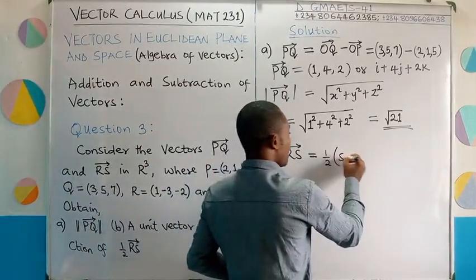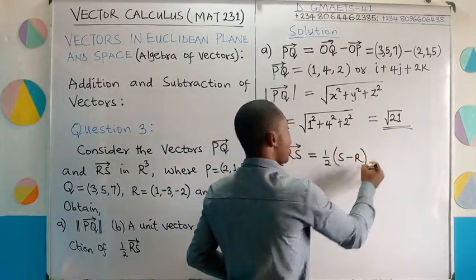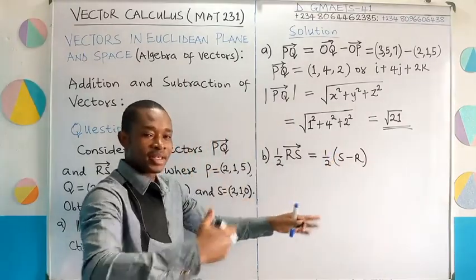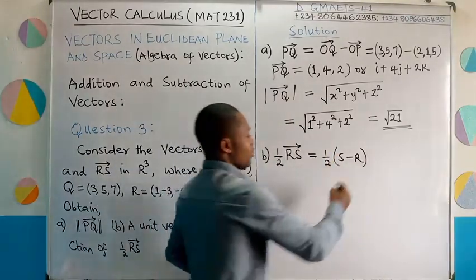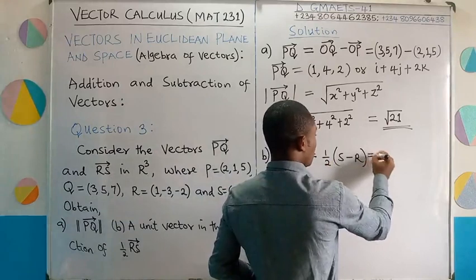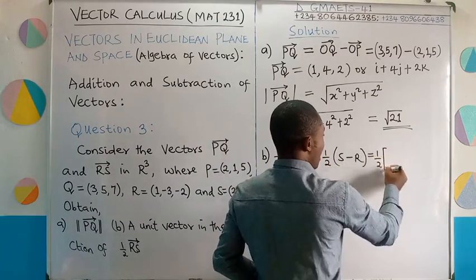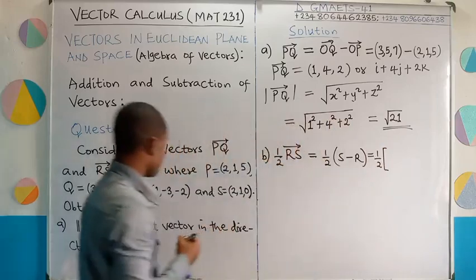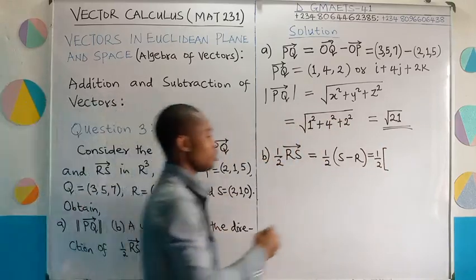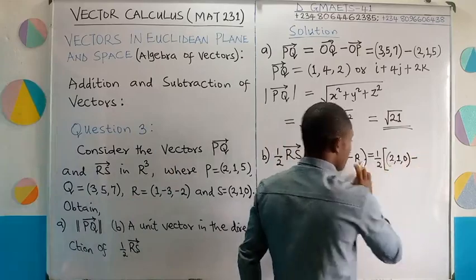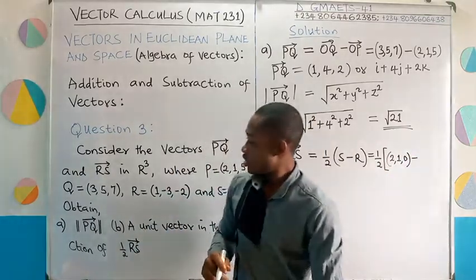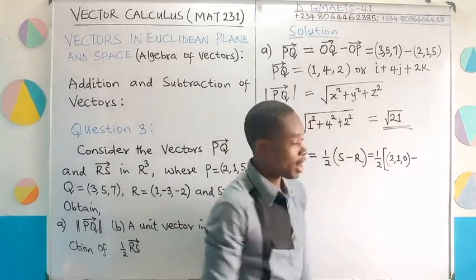So I'll simply just say S minus point R. But take note, this is OS minus what? OR. If we work this out, we are going to get 1 over 2 point S from the question. Let's see, (2, 1, 0), that's the coordinate, and then point R, the coordinate given in the question is (1, -3, -2).